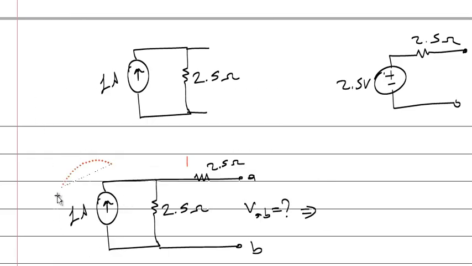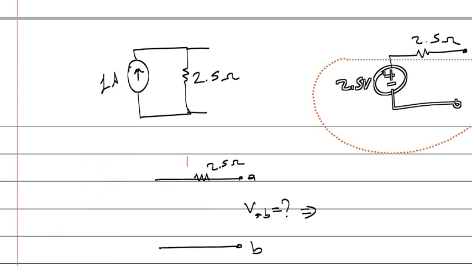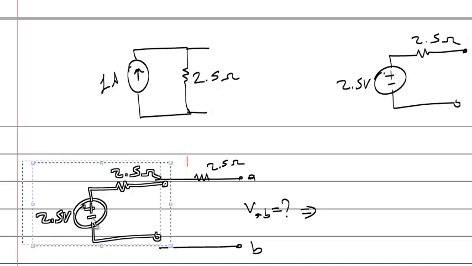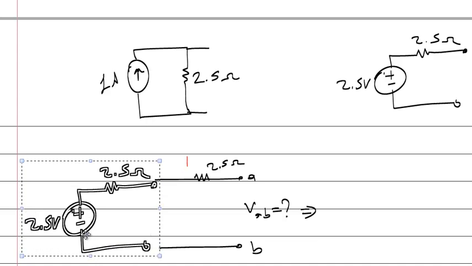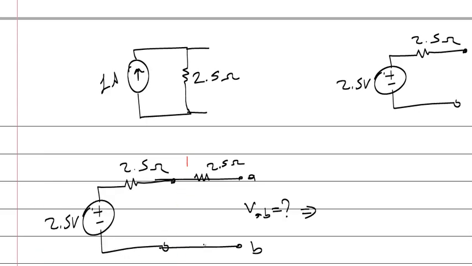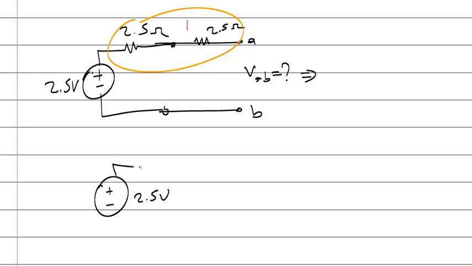I'm rejecting that part and replacing it with the equivalent model. Now I can make a combination. These two are in series now. 2.5 volts and 5 ohm resistance. These are points A and B.